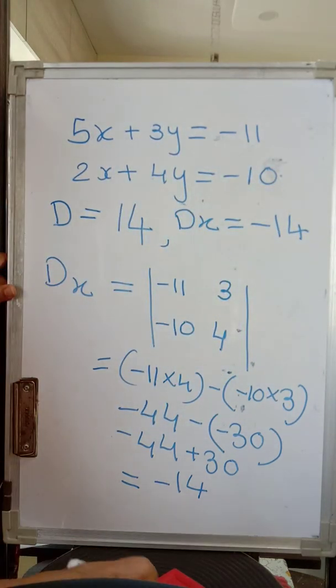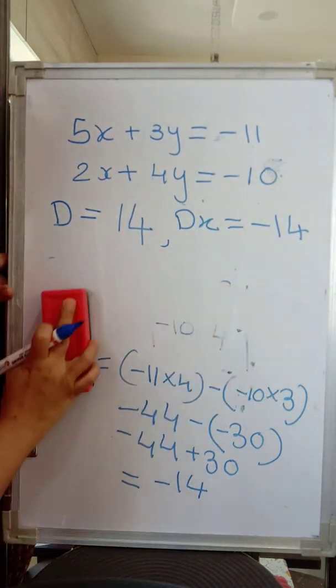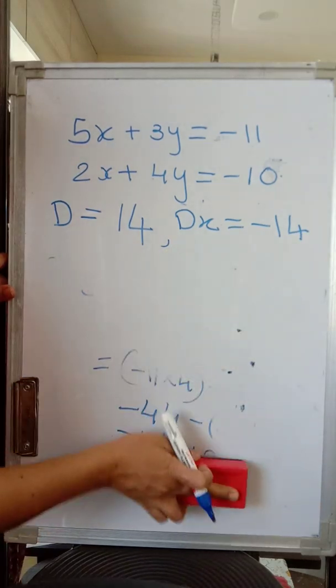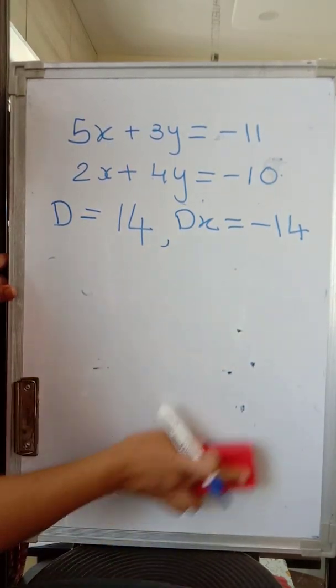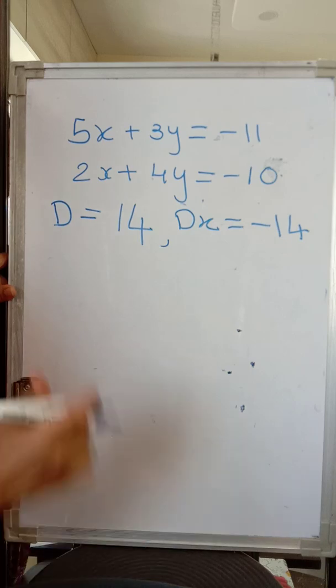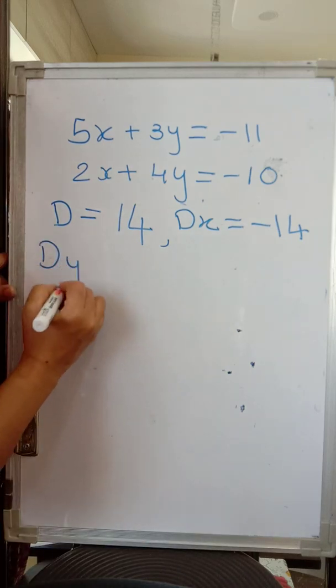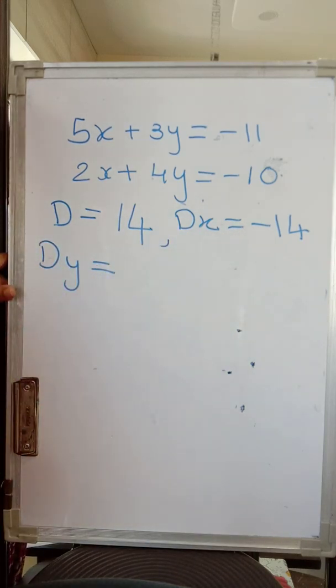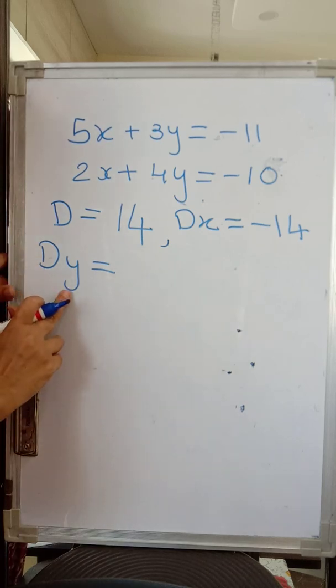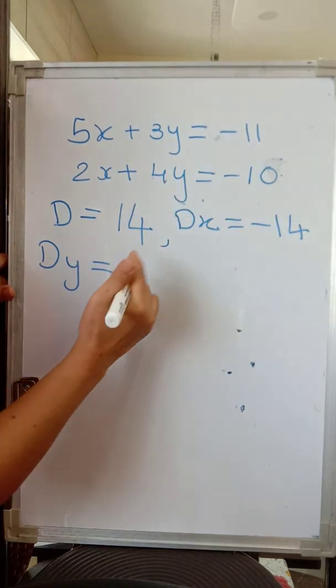Now let us find dy. It's a very easy method. Once you understand how to solve the determinants, it's a piece of cake. Now we are going to find dy. As we have done for dx, what is to be done? Now replace the y coefficients with constants. So write the determinant.